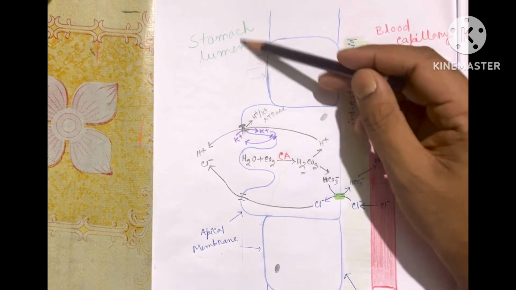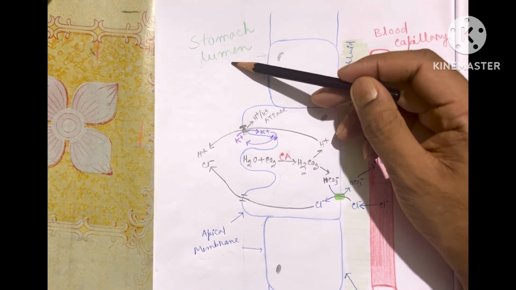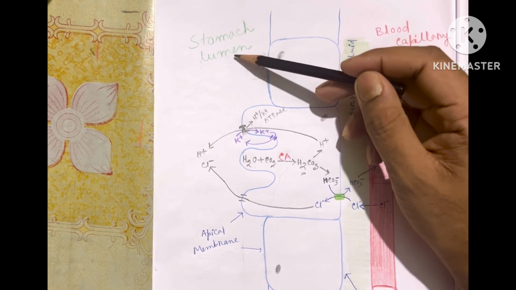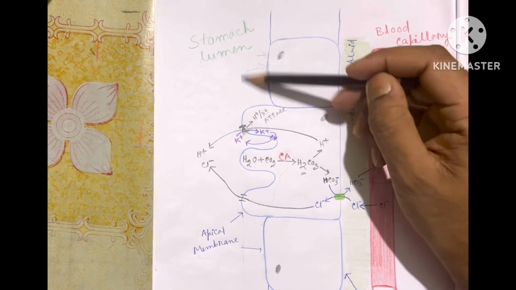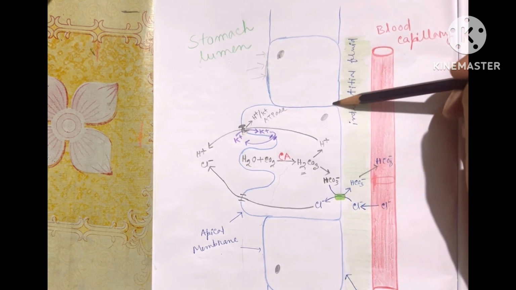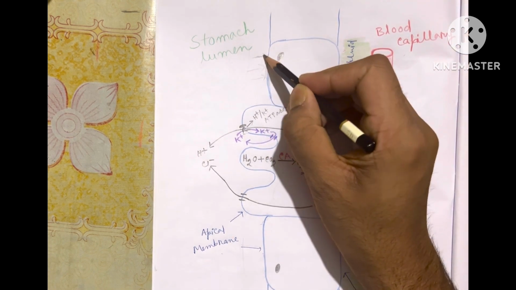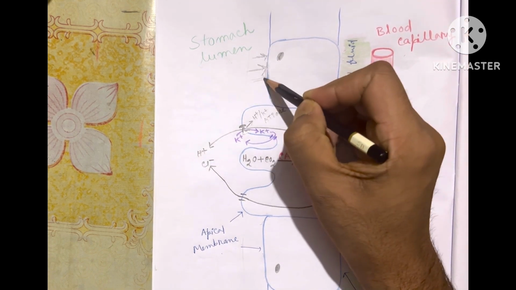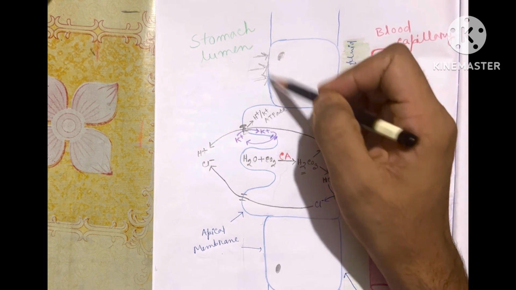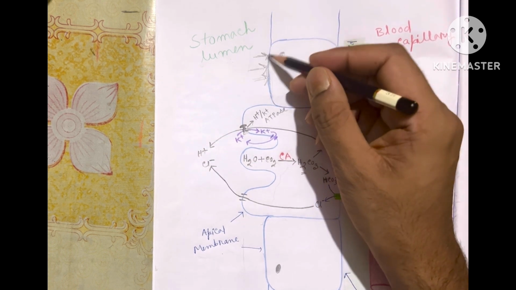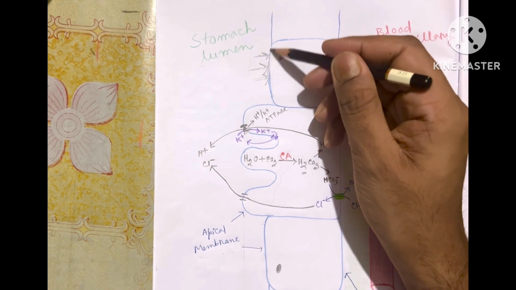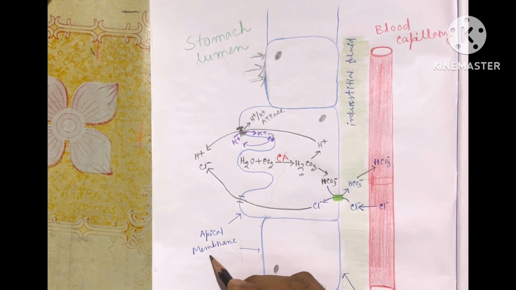If it is the stomach lumen, it means food particles directly come into the stomach. So inside the stomach lumen we have, suppose, one particular cell. The food particles which come directly in contact with the cell wall or cell membrane, that particular membrane is called the apical membrane.